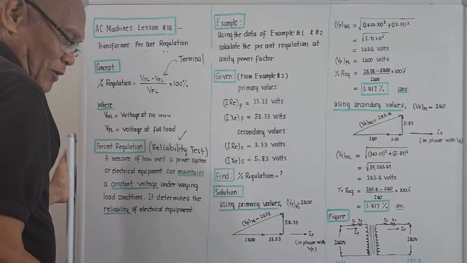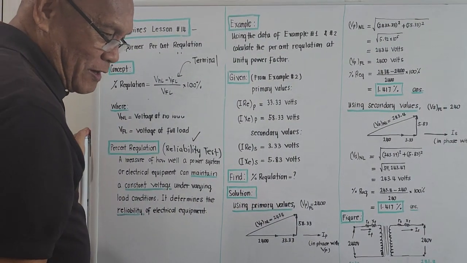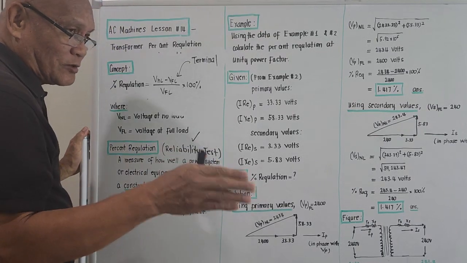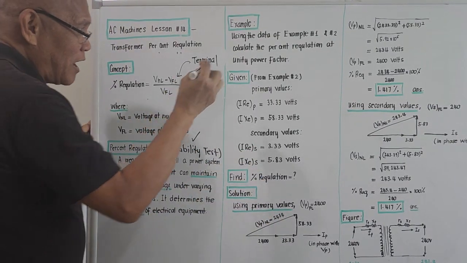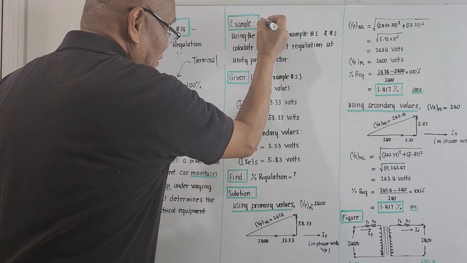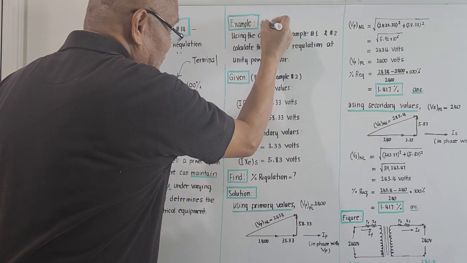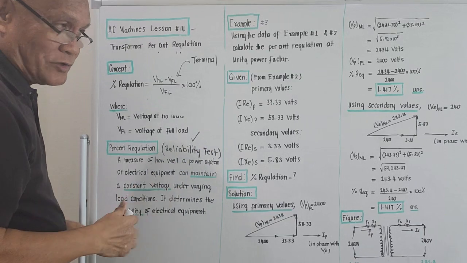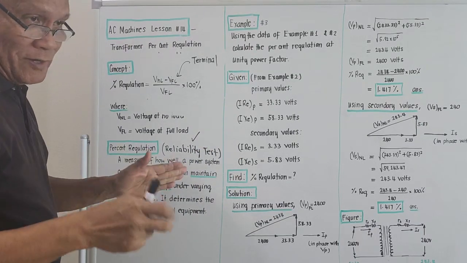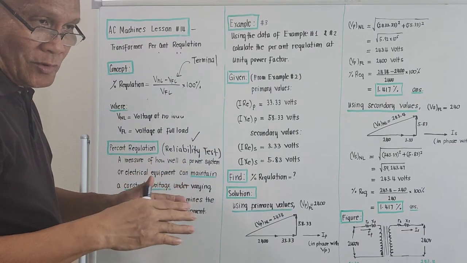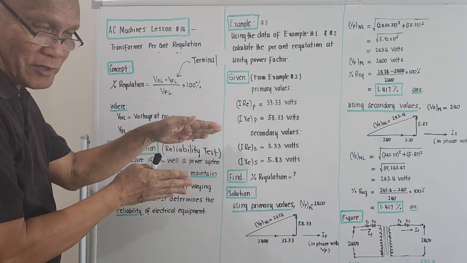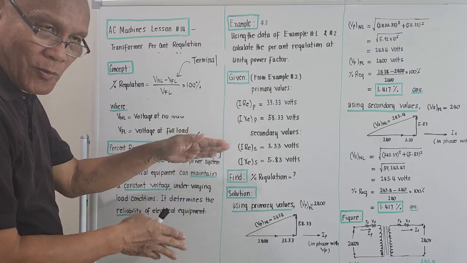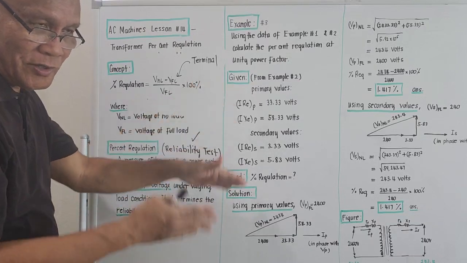To visualize the concept on how to compute percent regulation, let's try to bring out an example problem. Okay, the example problem, actually this will now be example number 3. Because from the previous lesson, 13, I've given you a continuity problem, example number 1 and number 2, in which the unknowns for example number 1 and number 2 is a continuous thing.